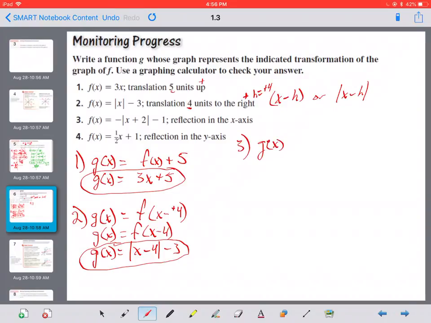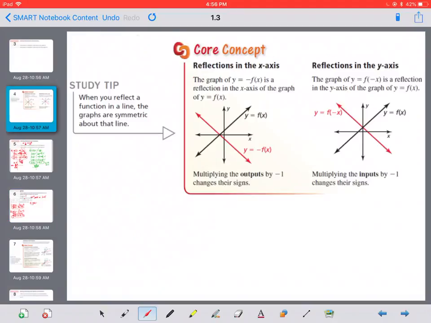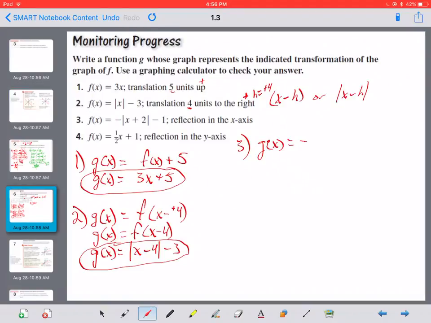Number 3. G of x is going to be a reflection in the x-axis of f of x. Well, I forgot already, so I'm going to move back. I negate the whole thing. So I'm going to do a negative of f of x. So my g of x equals negative times negative absolute value of x plus 2 minus 1.